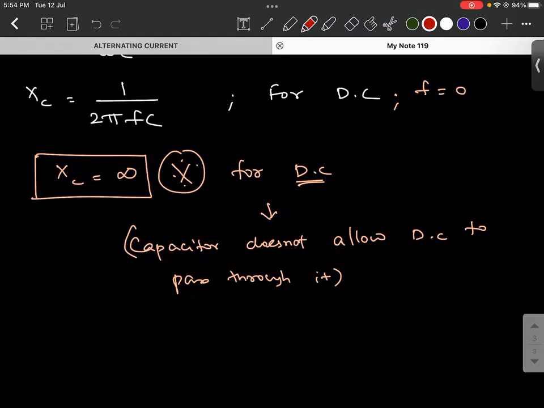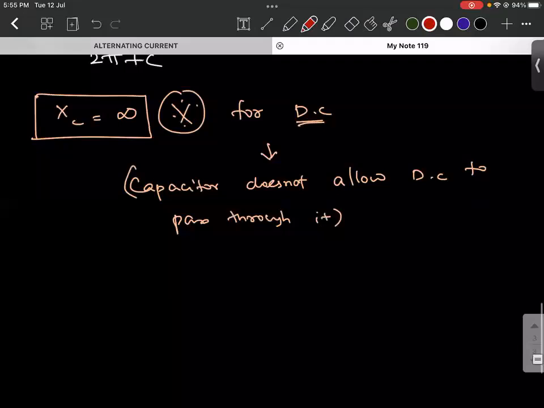But nowhere in that chapter did we discuss the current flowing through the capacitor, because there we learned the capacitor as a device used to store charge. The point here is that whenever you connect a DC source across a capacitor and want to calculate the current, it becomes an open circuit. It will not allow current to flow through it at all.